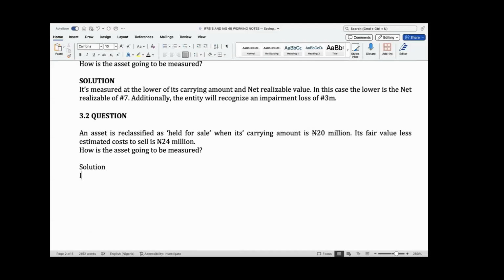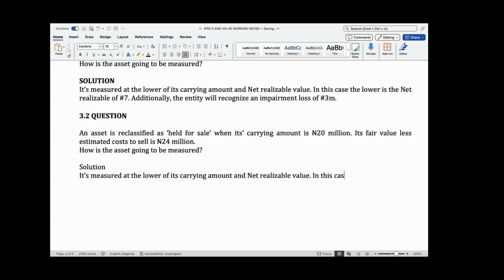So it is measured at the lower of its carrying amount and net realizable value.